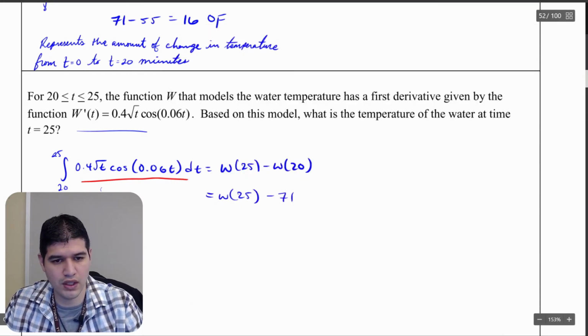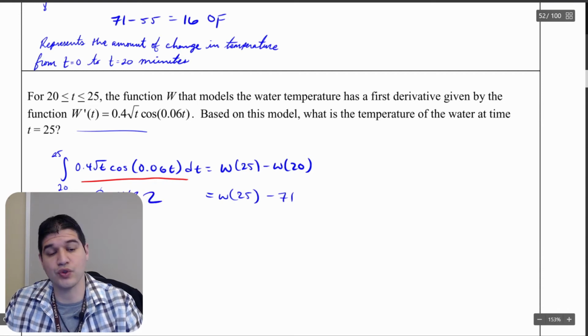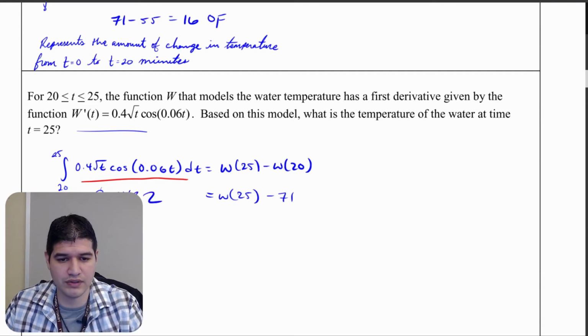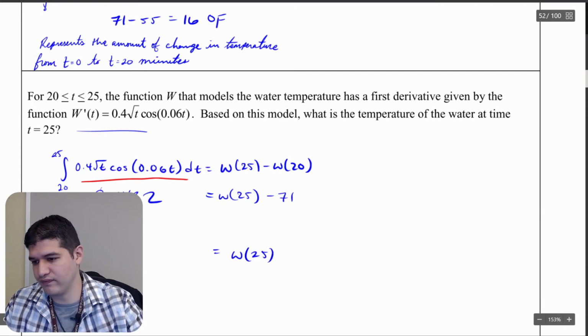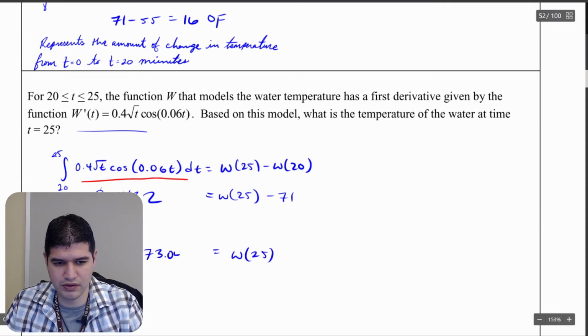So now I have enough information. All I have to do is add 71 to both sides, and we know that W of 25 is going to be 73.0432, and this is degrees Fahrenheit.